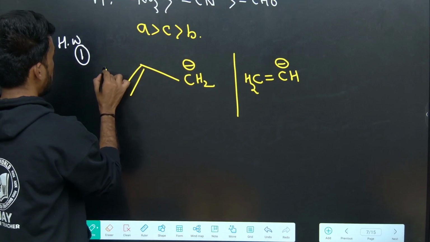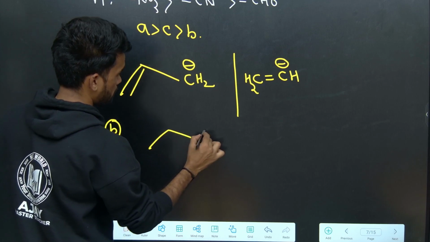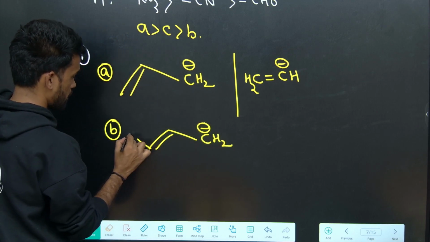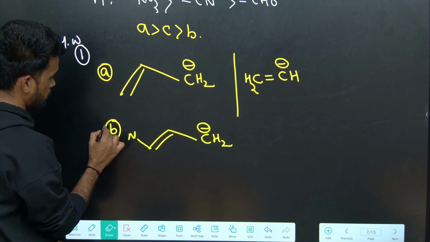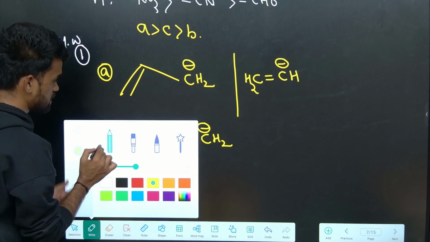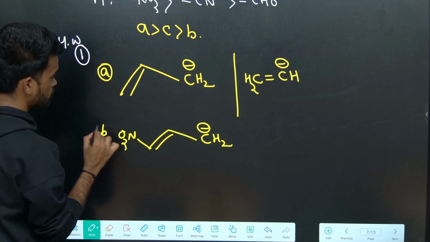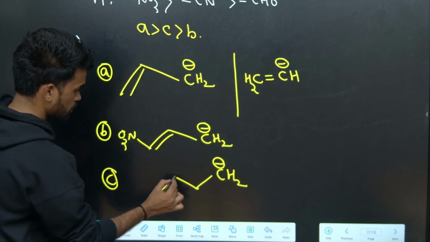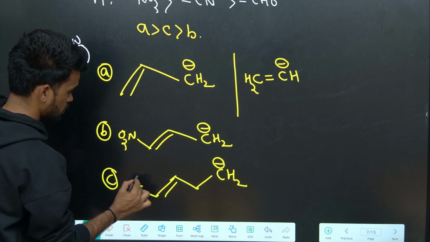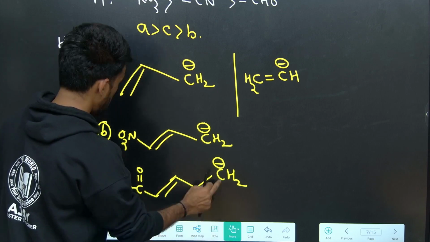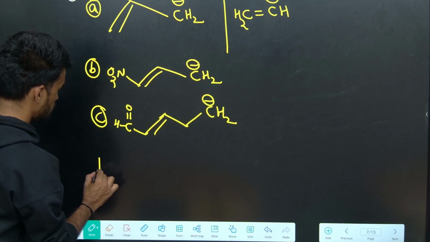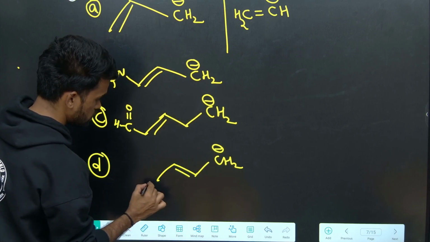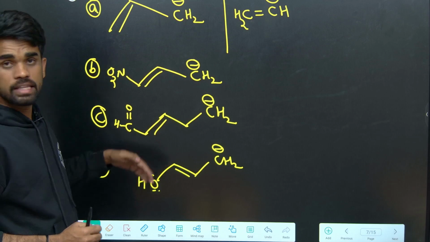So the first question is here, option A, option B is... This is a previously asked JEE question, A, B and C. One aldehyde group, and I just want to add one more option to this, and D is here I just want to add an OH group. So decide the stability order of these carbanions.